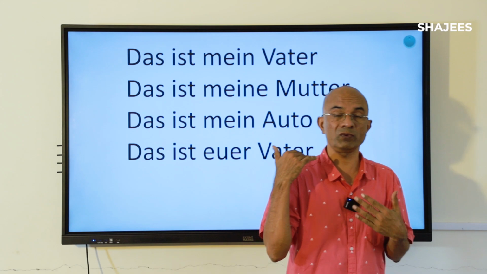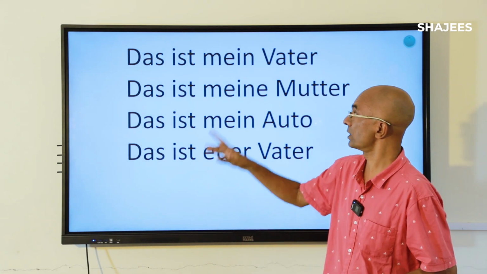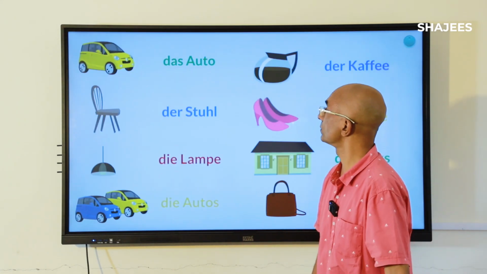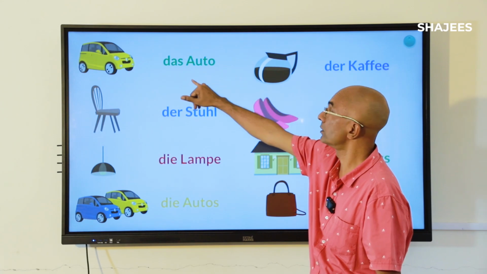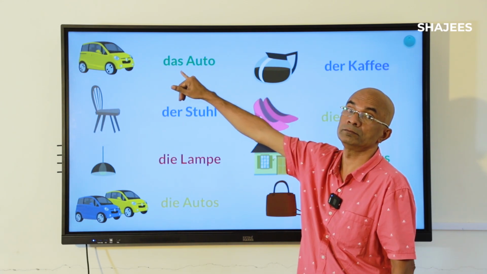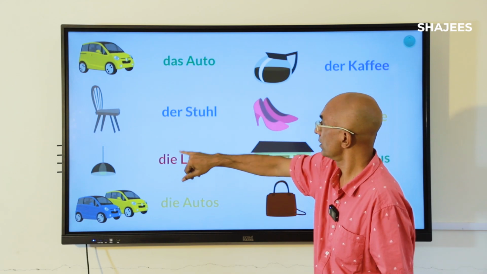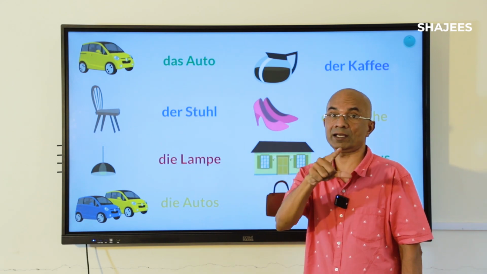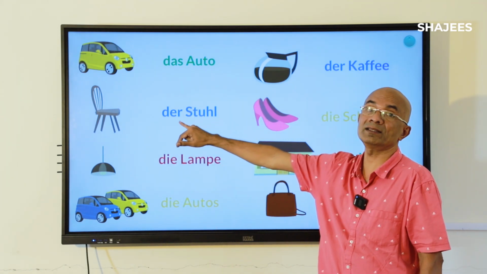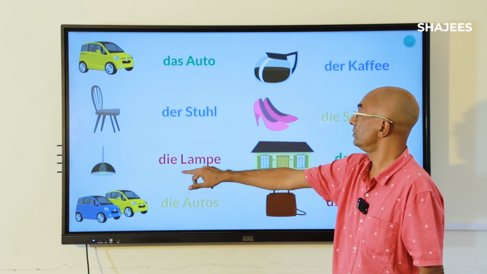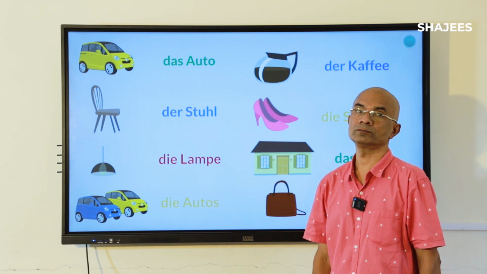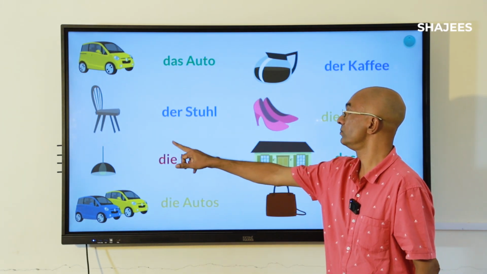And if you want to learn more about the possessive pronoun, we have a bit more. This one. Here, that's Auto. Here, what will come? Mein or dein or sein. Okay, that means that's Auto. Here is the stool, that's there. That is mein, dein, euer, unser. Die Lampe. Therefore, we have die Lampe.